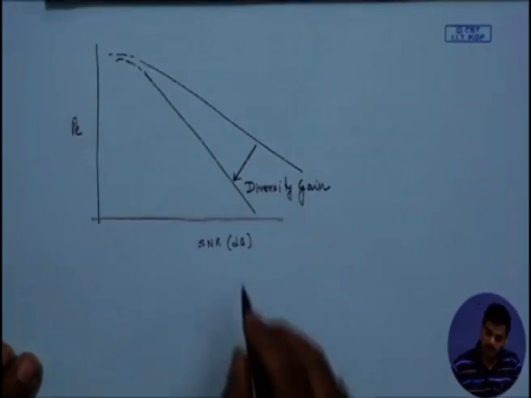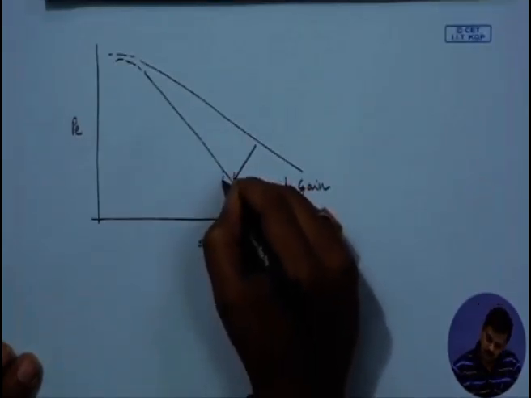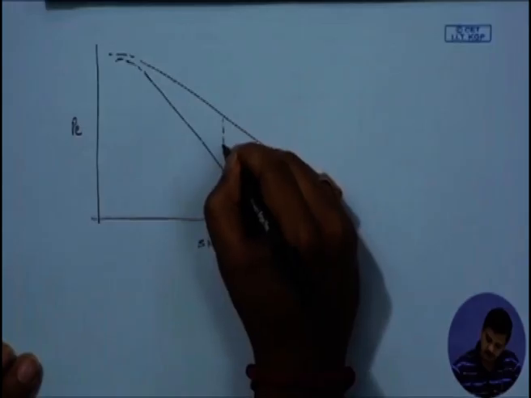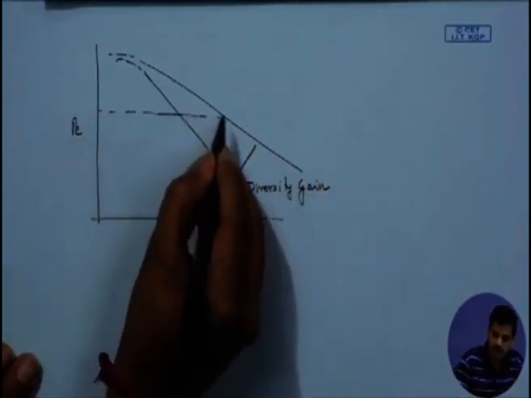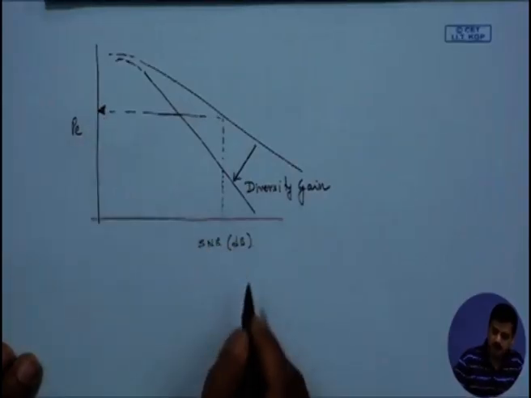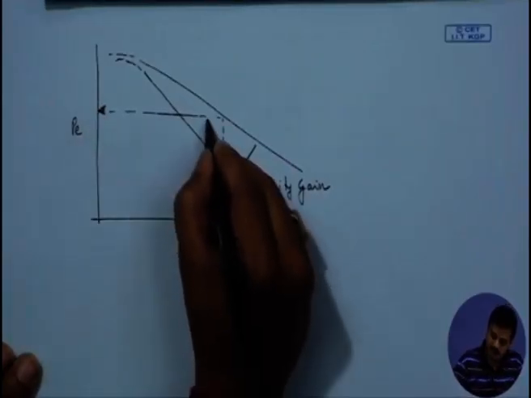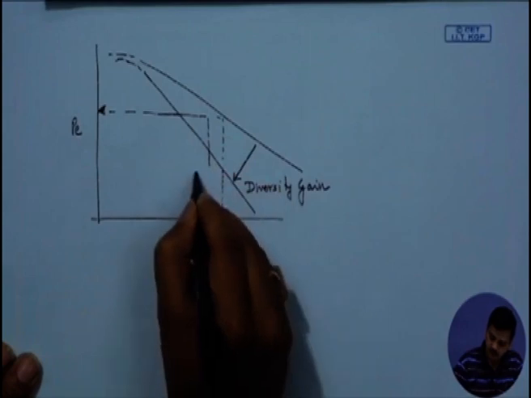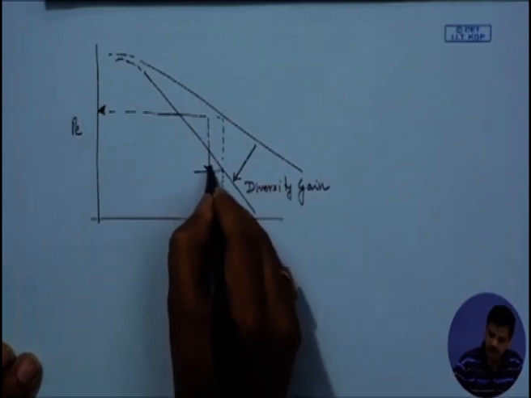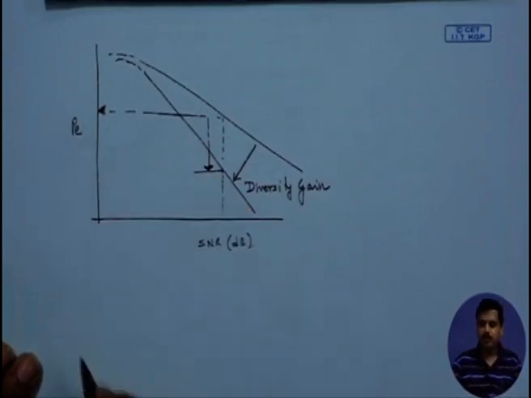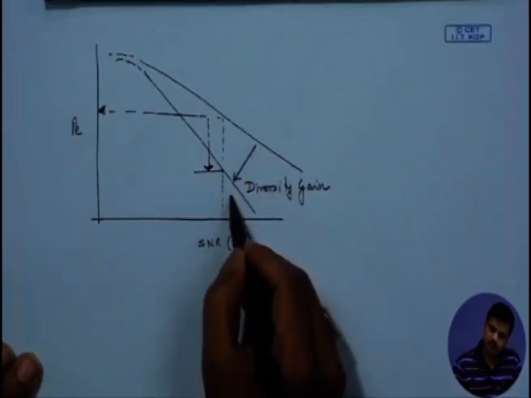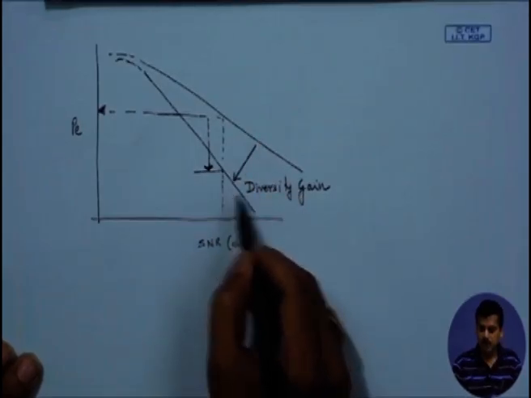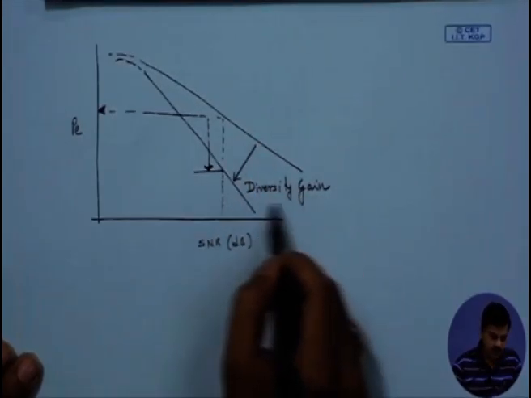So what it leads to is, if I take a particular SNR value, at that SNR the error probability was at some point here. Now because of diversity, the error probability has come down to this point. So there is significant gain in error probability because of this diversity gain, and this kind of gain, because of which there is an increase in slope of the error probability curve, is usually described as diversity gain.